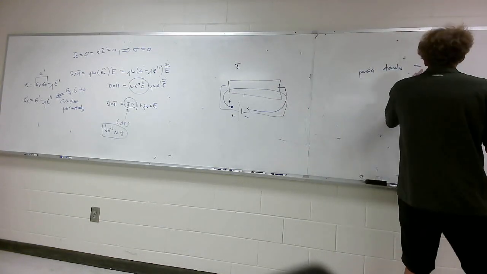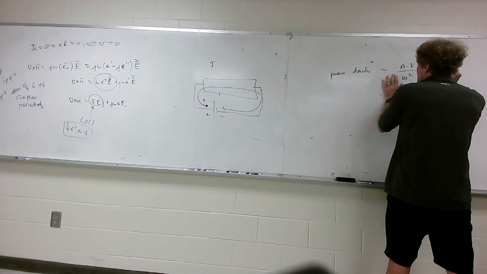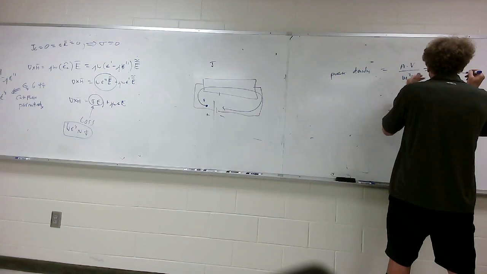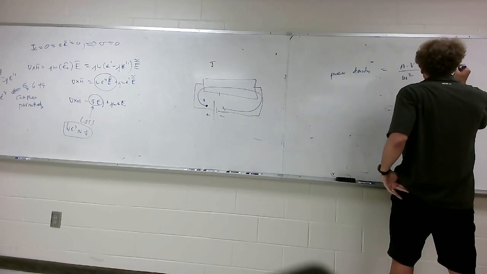So what is this going to be? Power density would be actually equal to, and I'm going to go ahead and put the 1/2 because you have to think 1/2 when you do this, the real part, E cross H conjugate, but I'm just going to put it down. It's going to be 1/2 times magnitude, I better do it this way.